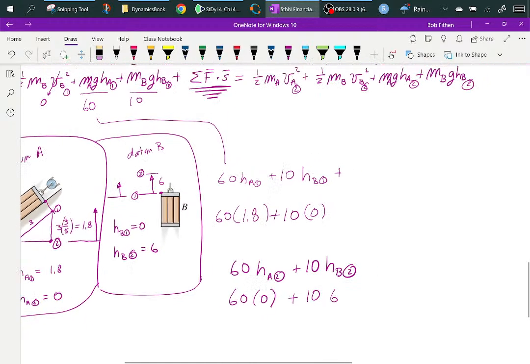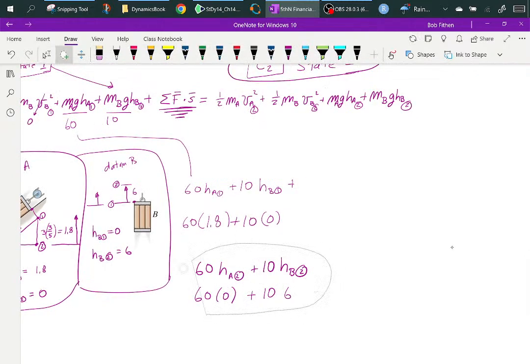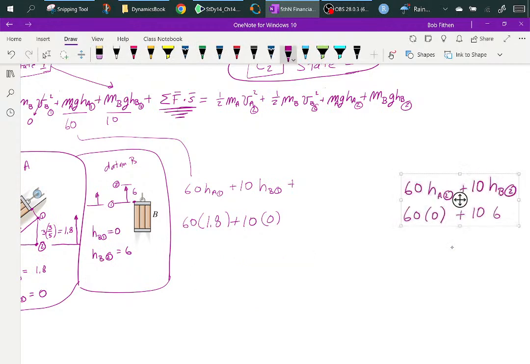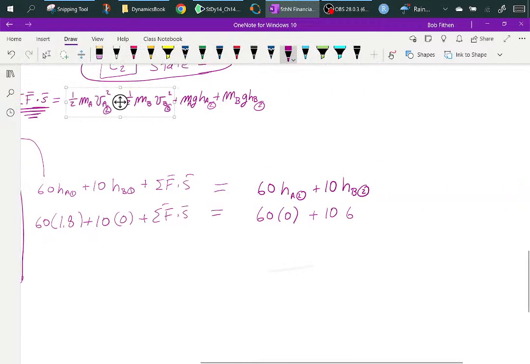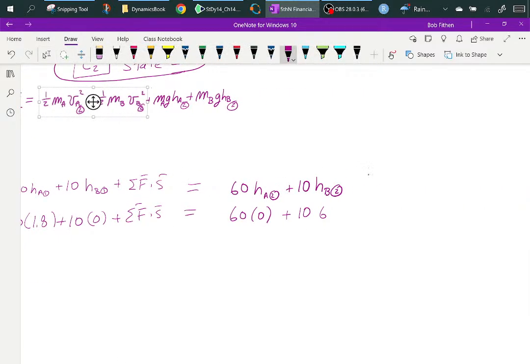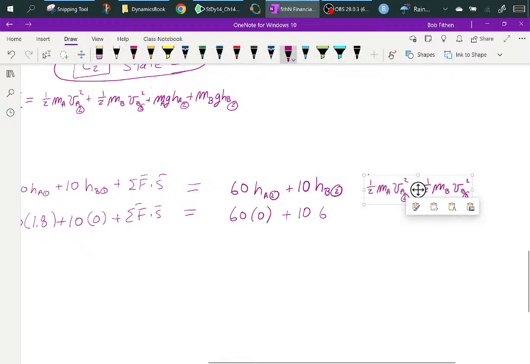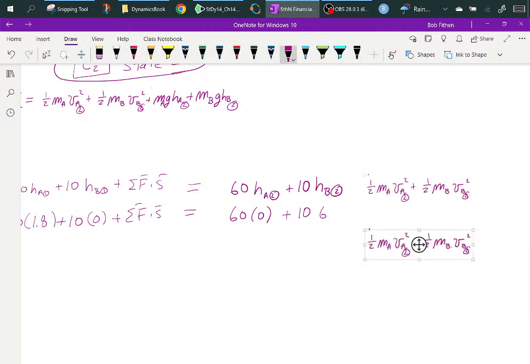I hope I did. So now I'm going to take this and copy it over here wide enough away so that I can put in the middle here plus sum of the force dotted S. And then what I'll do is I'll copy, and I'll paste right there, and then another paste right there, maybe, and then try to, uh-oh, is it time to go?